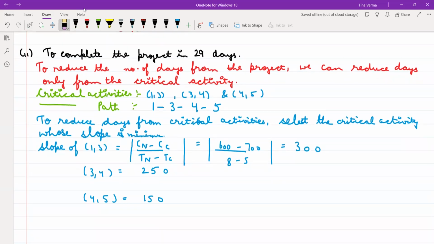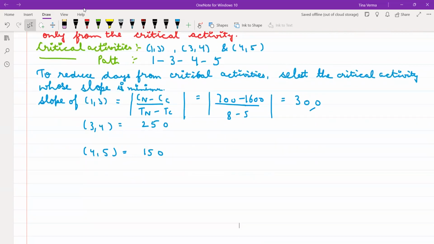ऐसे भी लिख दोगे तो it does not affect जो मैंने Cn minus Cc लिखा हुआ है, right? So now you have the slope is 300, 250 और 150. This is the change in the cost. Obviously जिसमें से आपको pay minimum करना पड़ रहा है, that you will select.